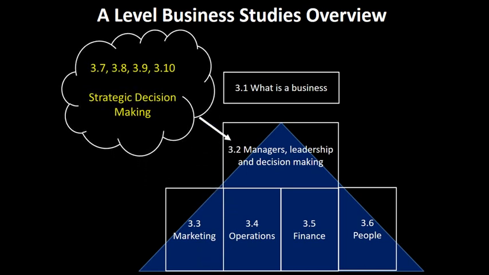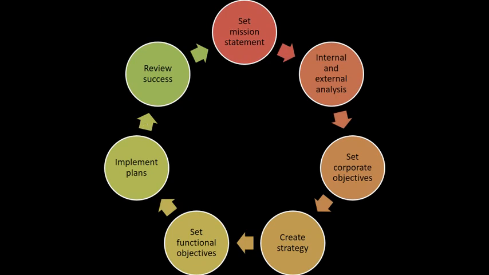The A-Level course goes back up to this management, leadership and decision-making area, 3.2, i.e. we're looking at the leadership of the company, and all of it is about strategic decision-making. So it's this process of setting a mission statement, the purpose of an organisation.